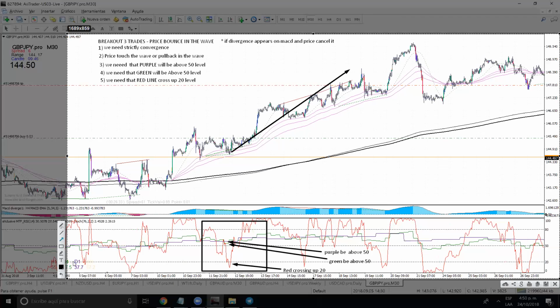It's your time to take profit. And you catch all the move with one single entry.